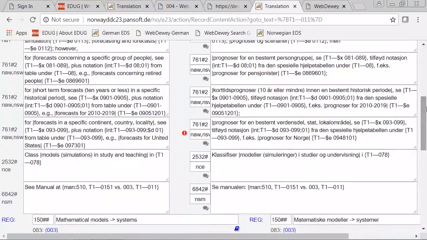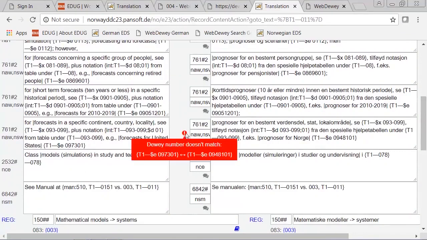And whenever we find differences between the structure of the left side and the right side, we identify them and show them. So in that example, we automatically identify that the Dewey numbers used on the left side do not match the Dewey numbers used on the right side. And as you already said, we show them as invalid records because of that.